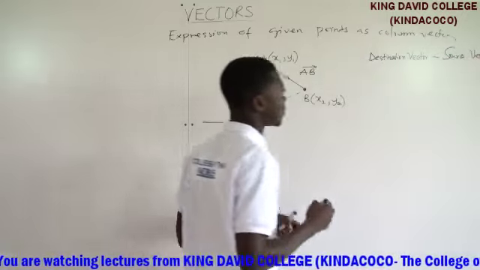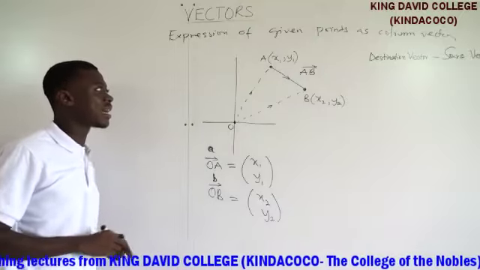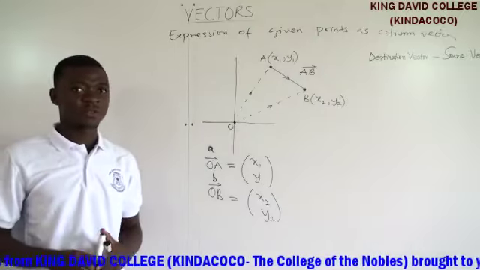I'll explain that soon. The destination vector minus the source vector.